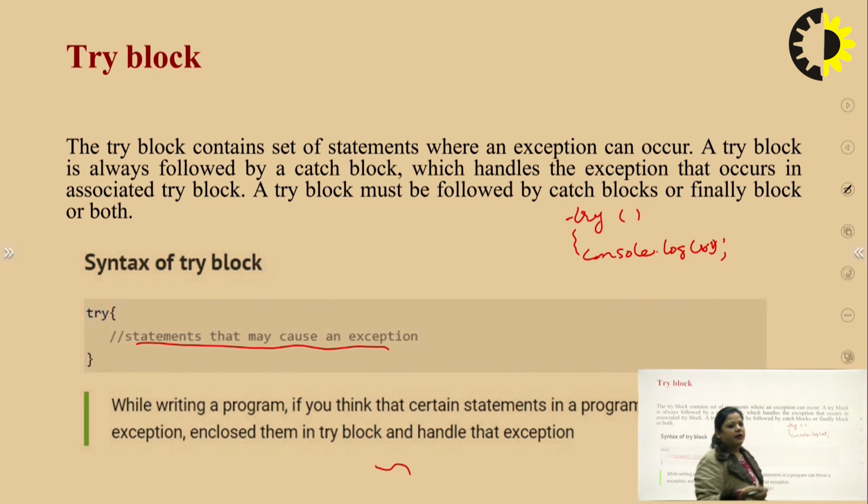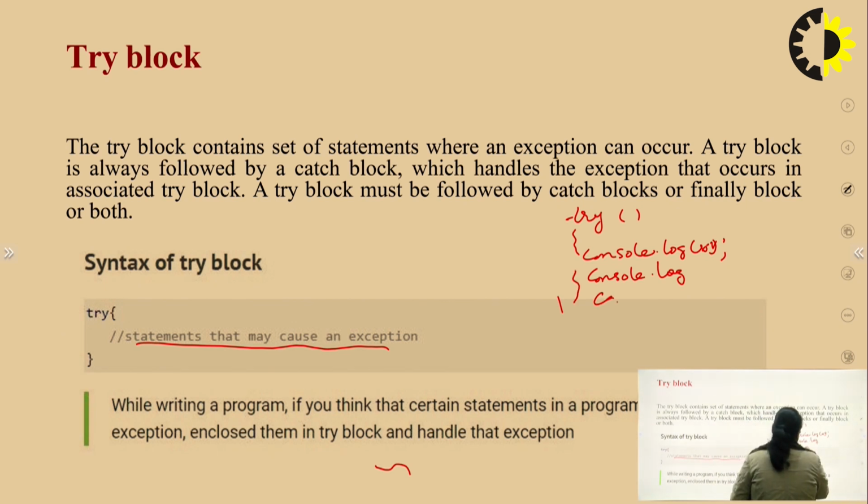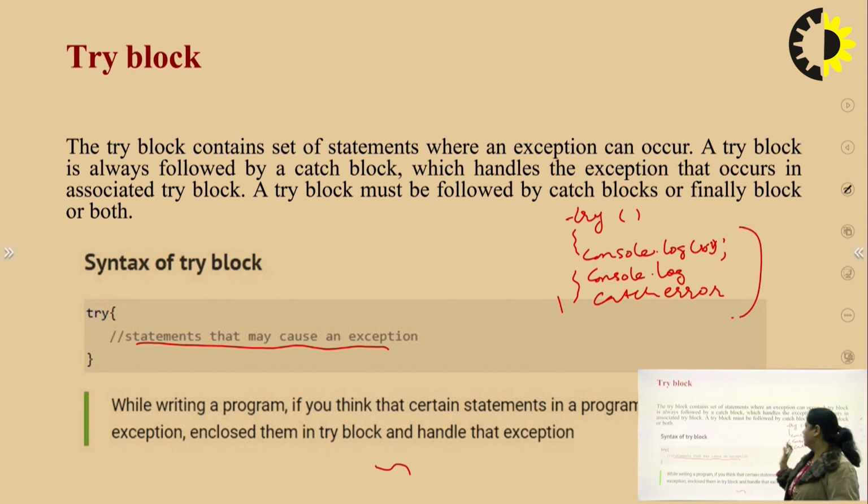We take any variable with the help of a try catch block. I'm going to simplify this example like console.log. This is console.log. This is catch error. So basically, this is one example of a simple try, and I already told that try does not work alone.